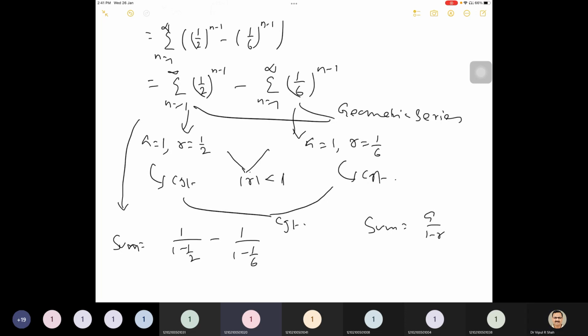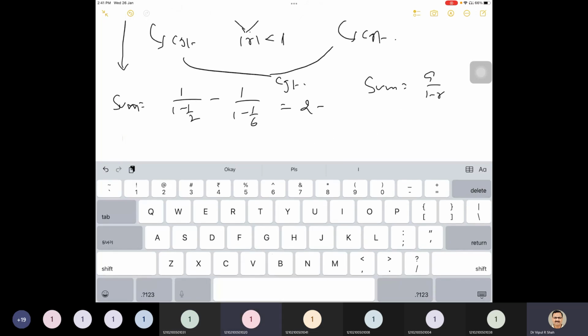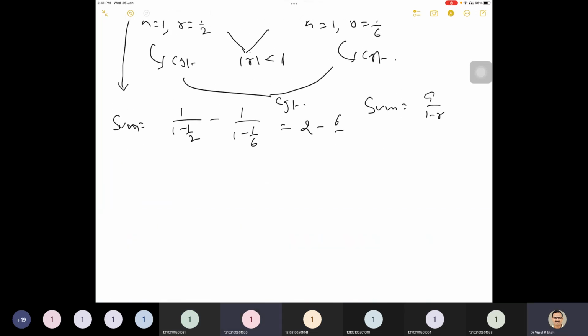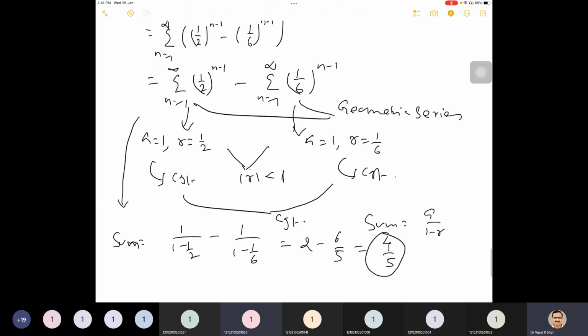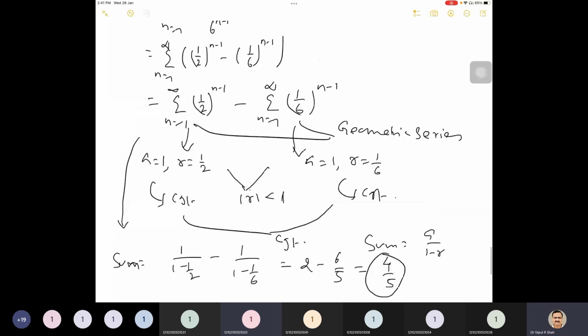Yes or no? Yes, sir. So this is 2 minus 6 by 5, that is 2 minus 6 upon 5, so this is 10 minus 6 by 5, so 4 by 5. So the given series has the sum 4 by 5.